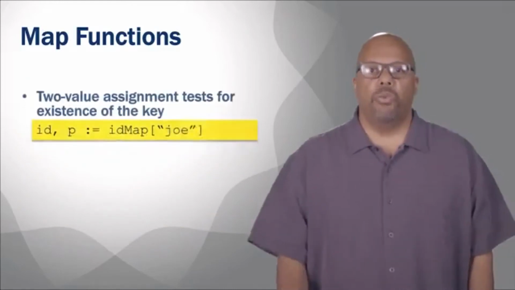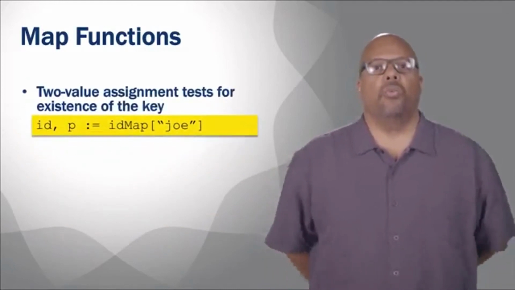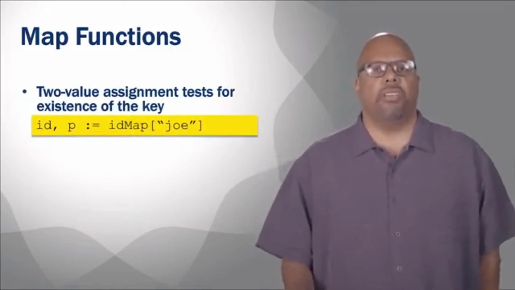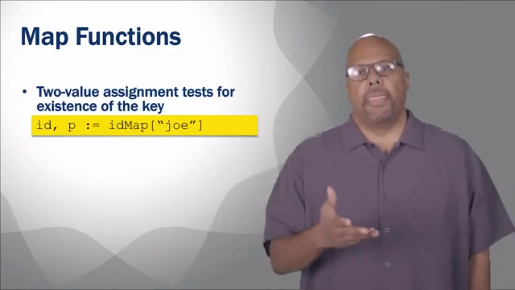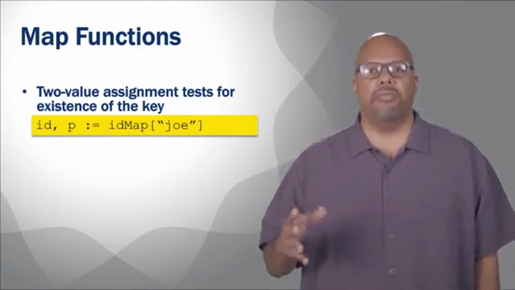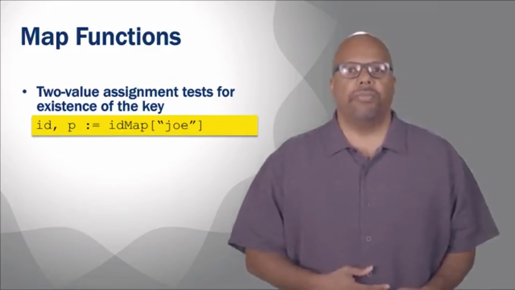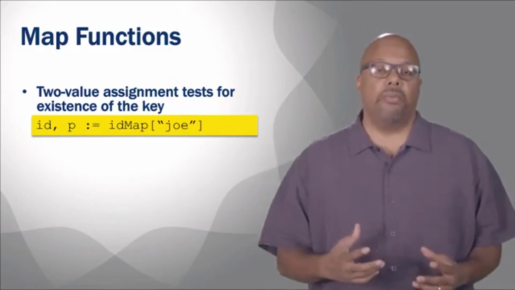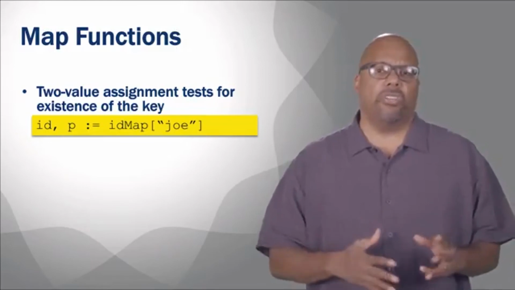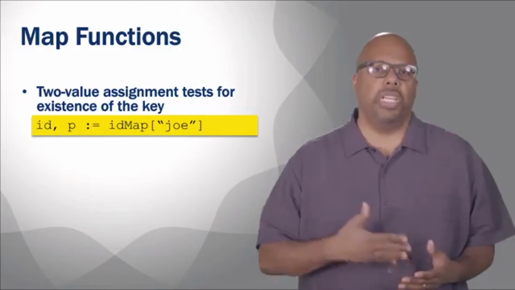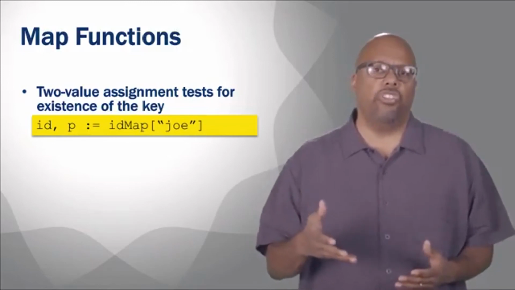So there are also a few more map functions. One thing that you can do with maps is a two-value assignment. So for instance here, I'm saying id comma p colon equals ID map Joe. Now, if I had just done a single value assignment, say id colon equals ID map Joe, then id would equal the value associated with Joe.